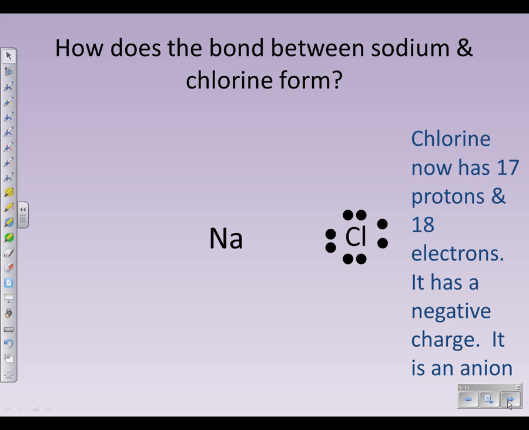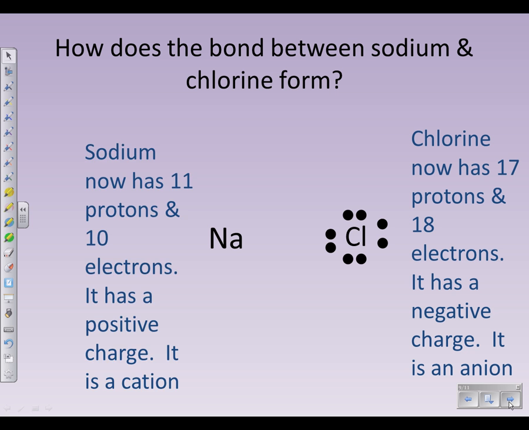But sodium now has 11 protons, but only 10 electrons. Why? What did it do? It lost an electron. Did it gain a proton? No. We said that in the last chapter, when something gains a charge, either positive or negative, it's electrons that move, not protons.